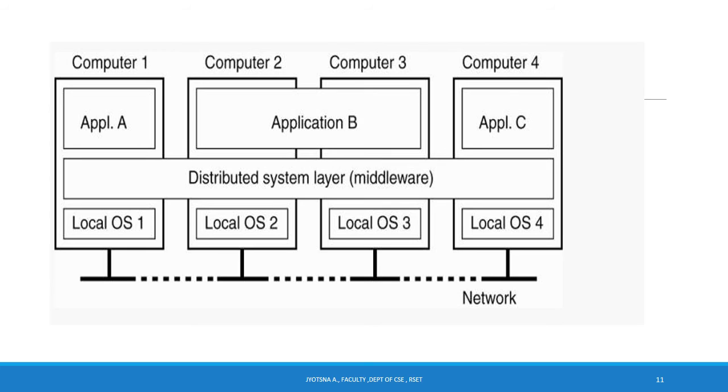The figure shows 4 networked computers and 3 applications, of which application B is distributed across computers 2 and 3. Each application is offered the same interface.